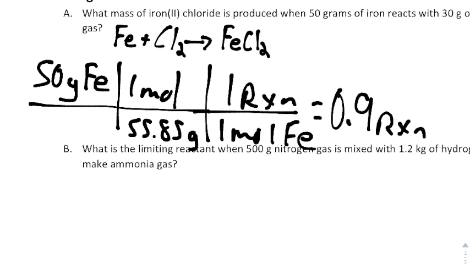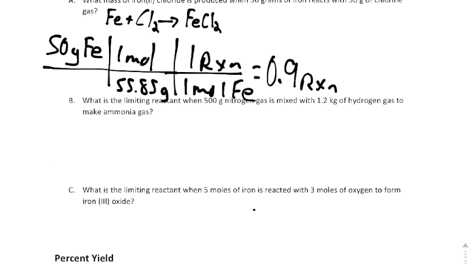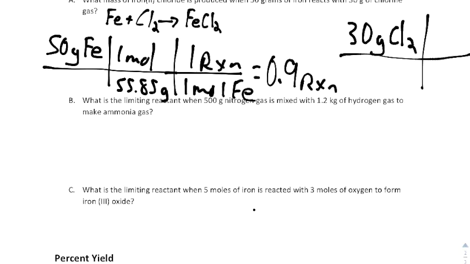So now we have to compare it to our 30 grams of chlorine. We do the same thing. 30 grams of chlorine, which is Cl2, set it up. It is going to be 70.9 grams per mole, not 79, but 70.9 grams per 1 mole.